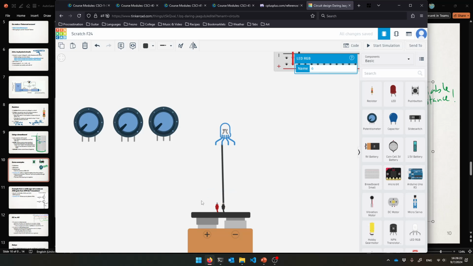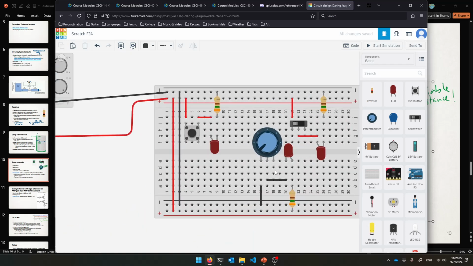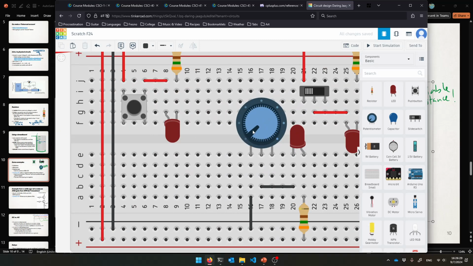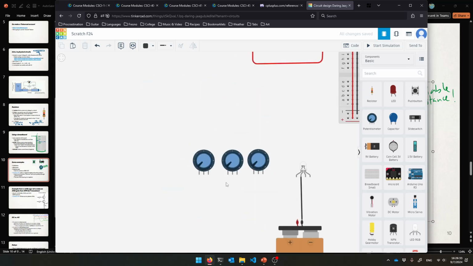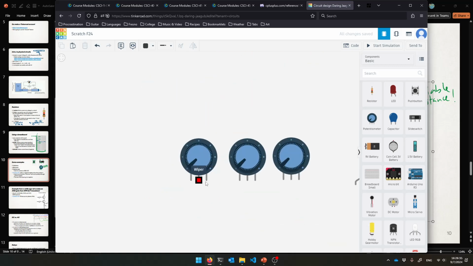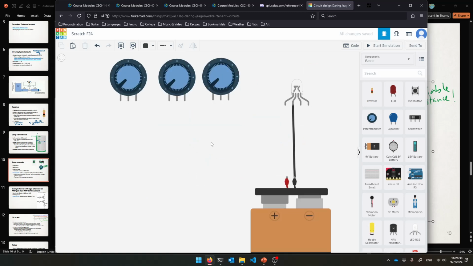So this is going to be disgusting. Because I did terminal 1 and wiper, turning it to the right increased resistance. I actually want it to increase power to the right, so I'm going to use terminal 2 and wiper, so there's less resistance when you turn it to the right. This is going to be very disgusting, but I do not care.